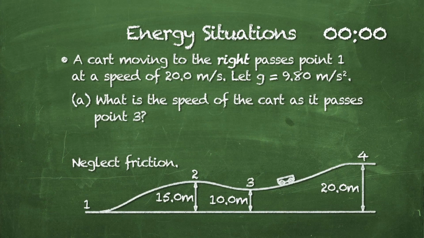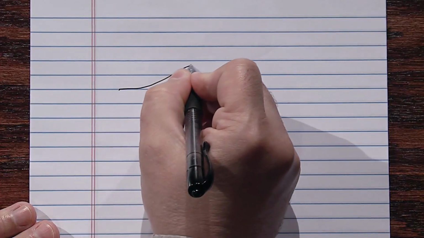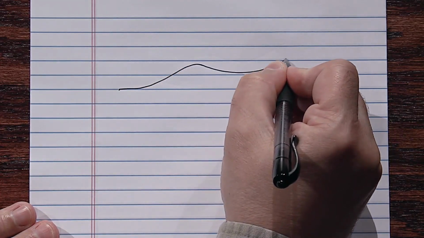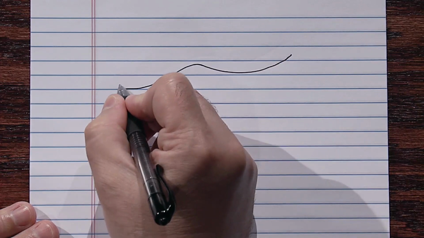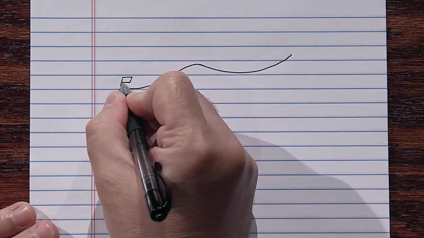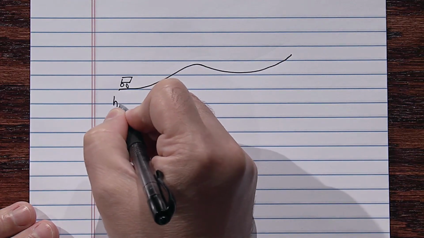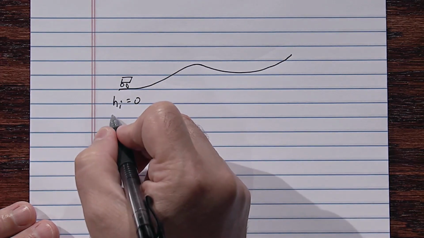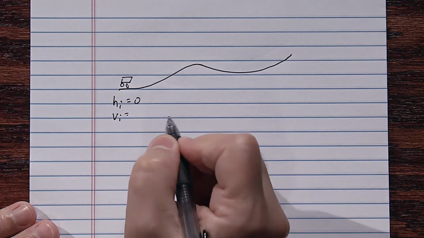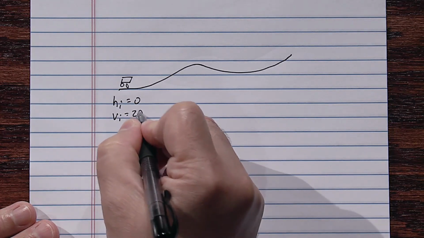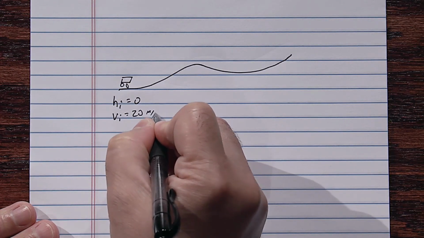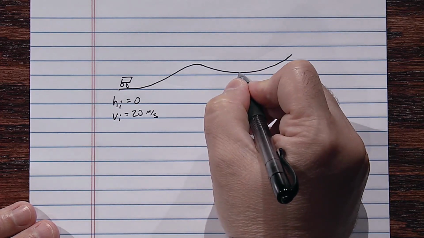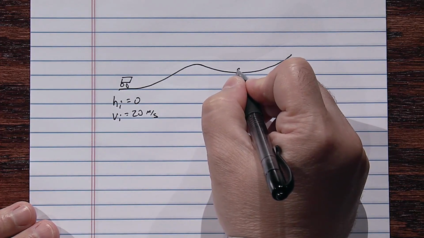Okay, here's our hill, and we initially had the cart. We'll call its initial height 0. We're given V initial to be 20 meters per second, and point 3 was somewhere over here.